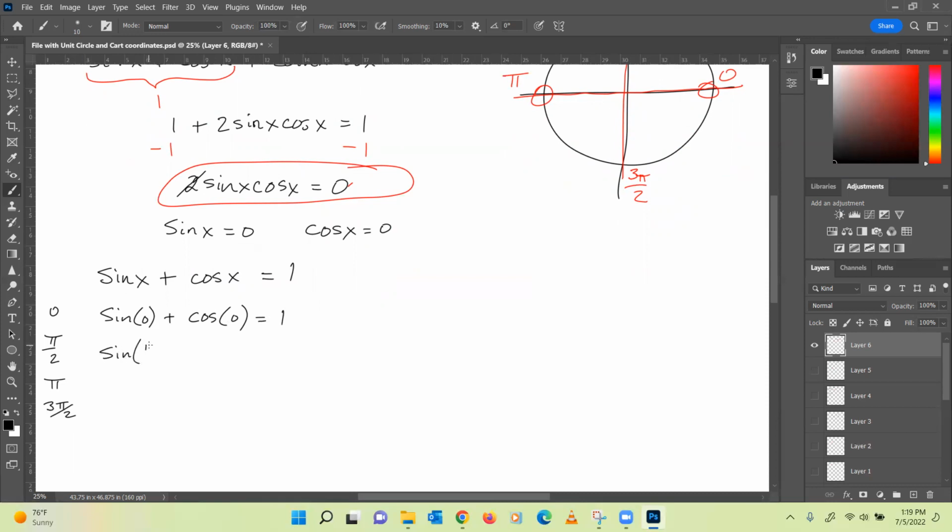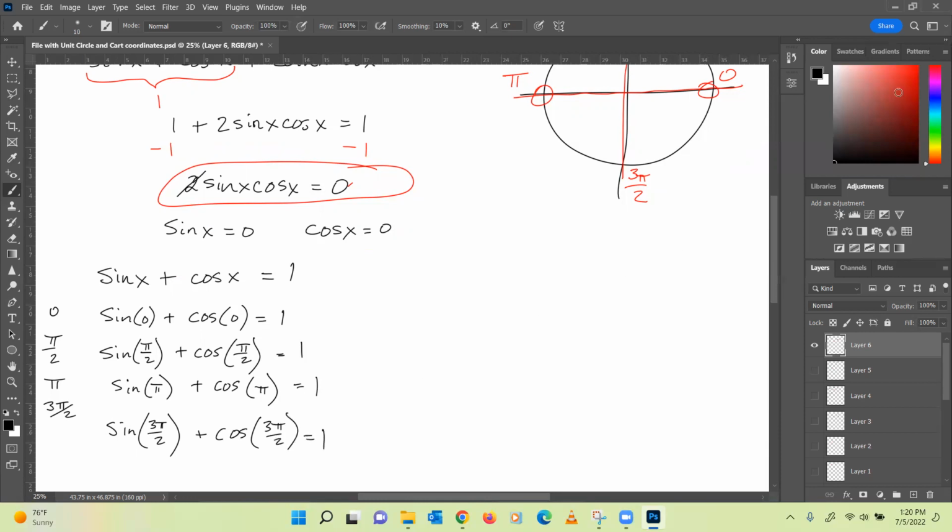Sine of pi halves plus cosine of pi halves equals 1. We've got sine of pi plus cosine of pi equals 1. And we've got sine of 3 pi halves plus cosine of 3 pi halves equals 1. And let's see what we get.